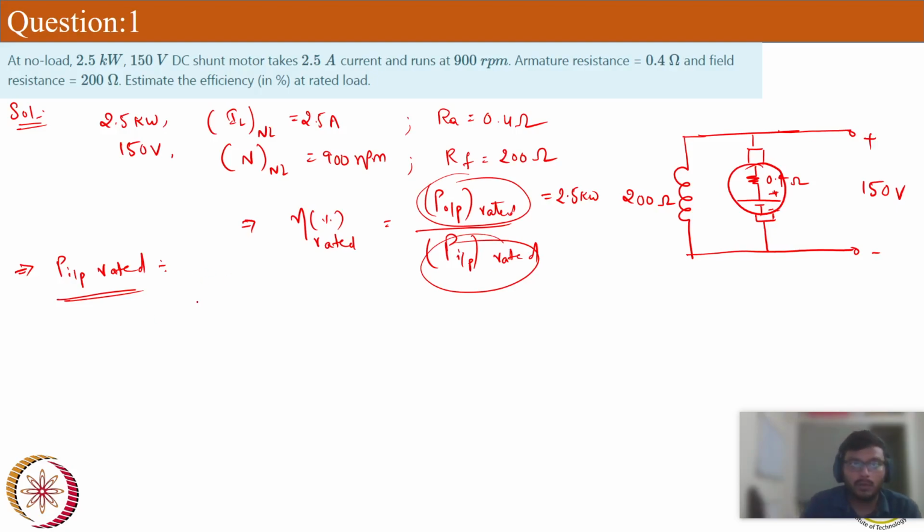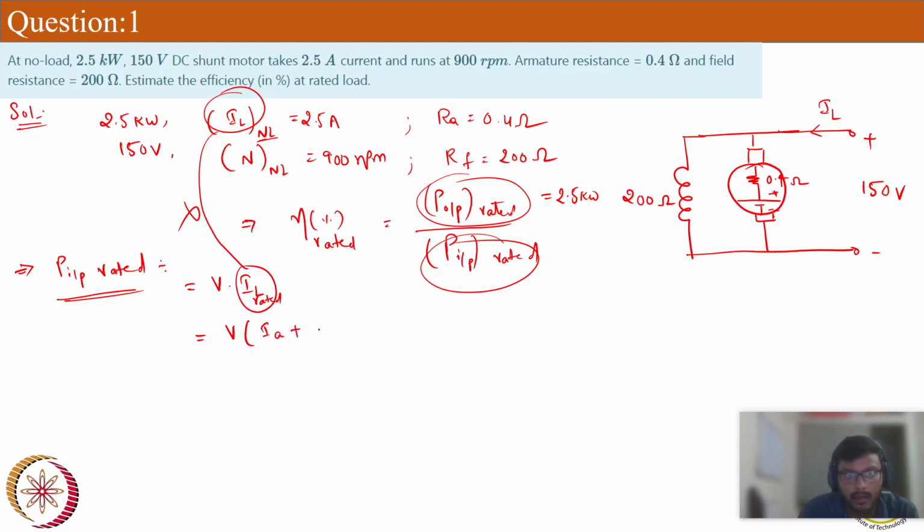So P input rated equals V into IL. This is the supply current, and you should not confuse this IL with the no load IL. These two are not the same, because that is a no load condition and this is a rated condition. So V multiplied by IL rated, where IL rated equals IA rated plus IF rated.